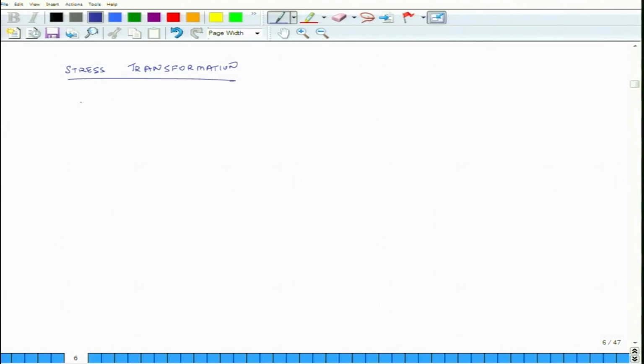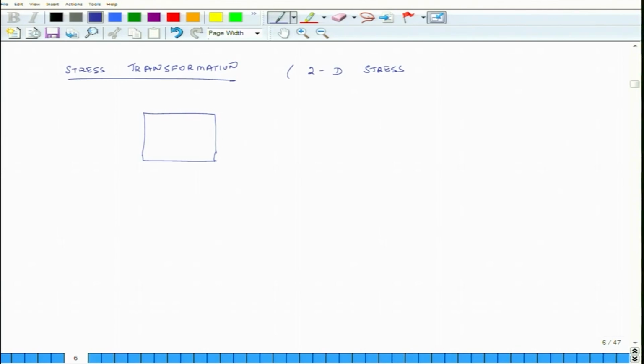So, suppose I have a rectangular block, or let us say a rectangular plate. It is thin, and this discussion will be for a 2D stress state, because in context of composite laminae, individual layers, the thickness is very small.